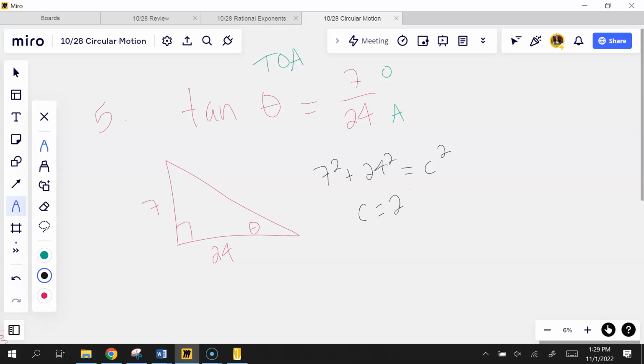C is 25 is what y'all are saying. No, what number is it? 576 plus 49 is 625. Now I'm going to assume from here you can find the other trig functions, right?